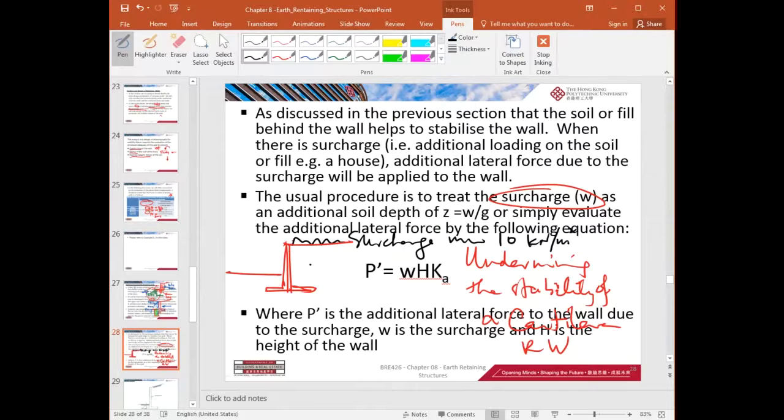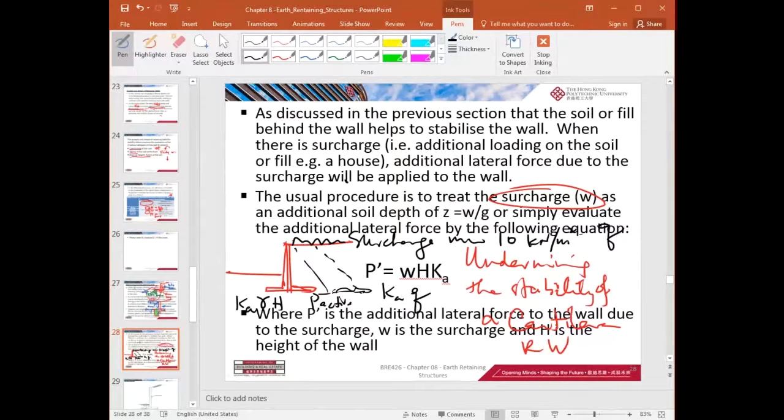So this gives you not only the active pressure due to Ka gamma H, but you also have an additional pressure. The additional pressure here is equal to Ka times Q, if the surcharge is Q. So 10 kilonewton per meter square times Ka.